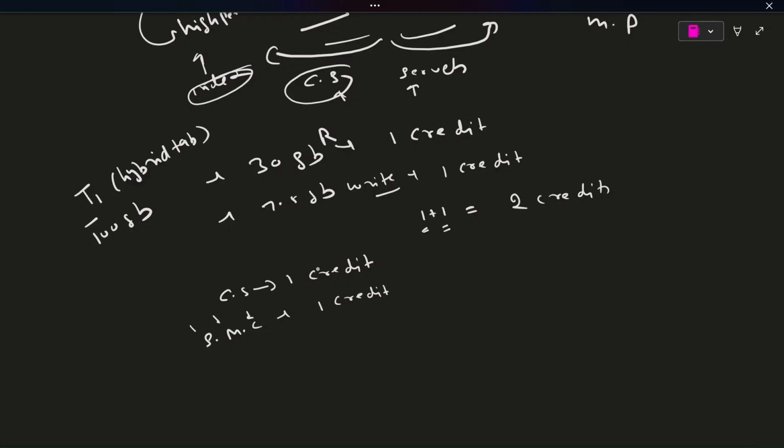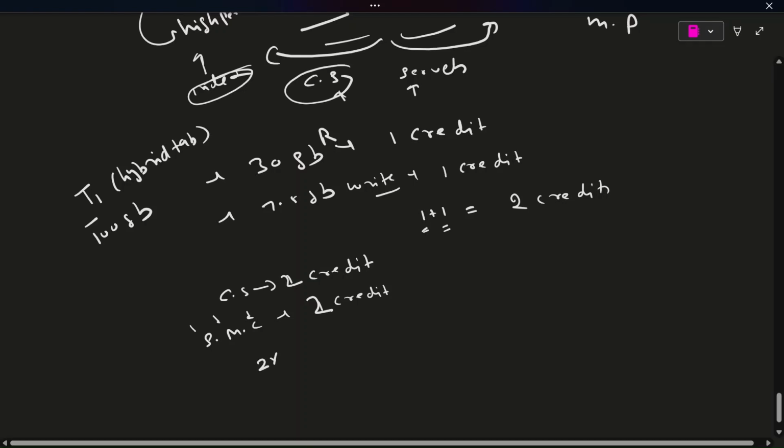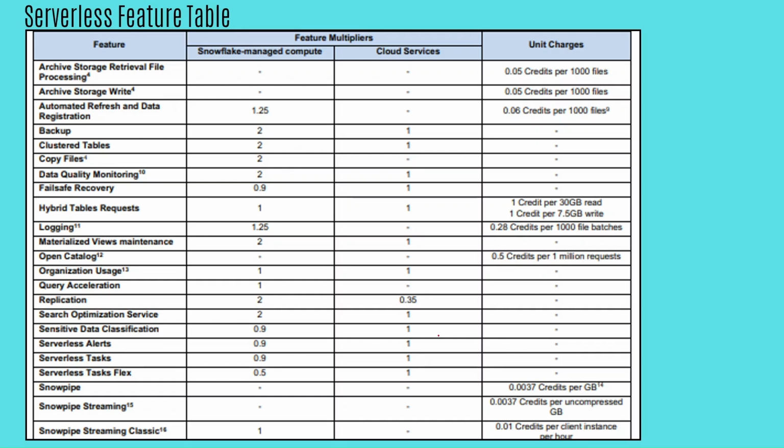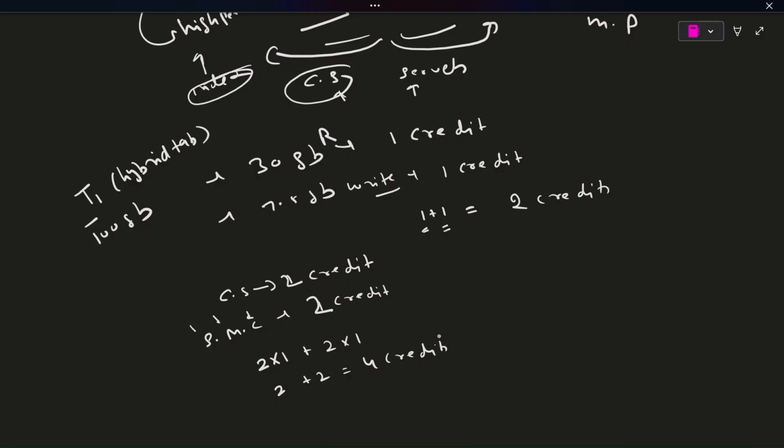Let's say it consumed 2 credits, then it will be 2 multiply 1 plus 2 multiply 1, which is 2 plus 2, 4 credits will be charged for these two by the feature multiplier. So how many total credits will be consumed? Total 4 plus 2 is equal to 6 credits.